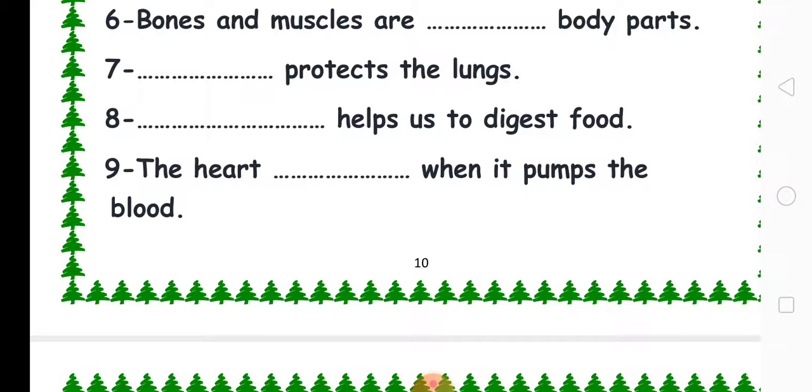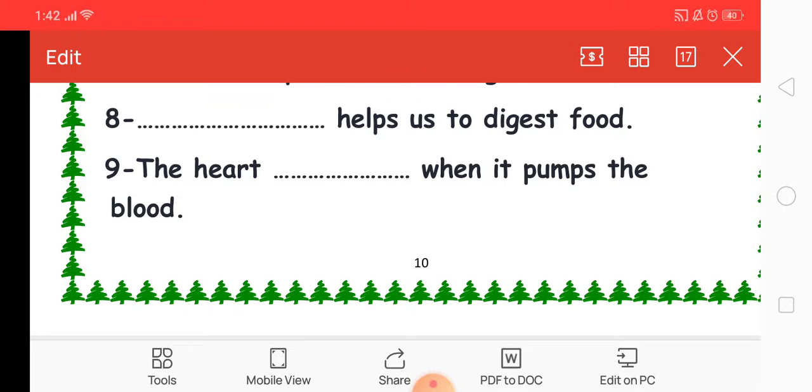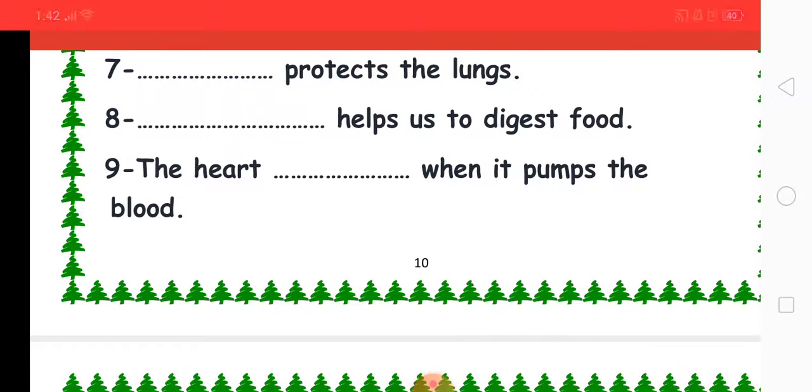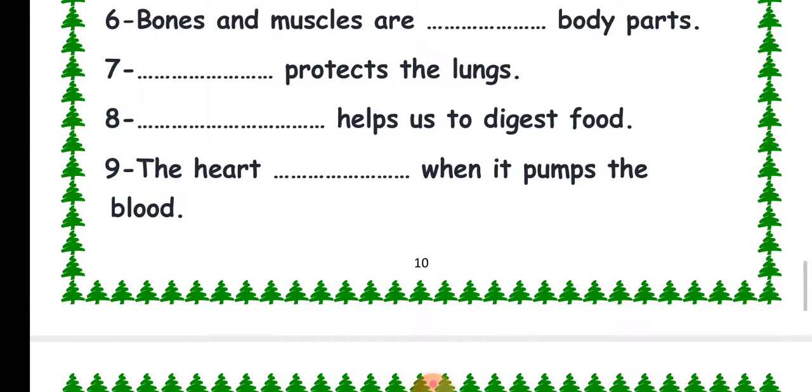When the heart pumps the blood to all the body, I can say the heart contracts. So the heart, what, when it pumps the blood? The heart contracts.